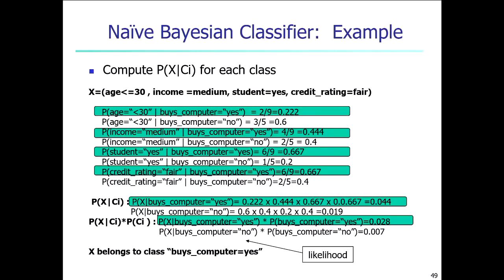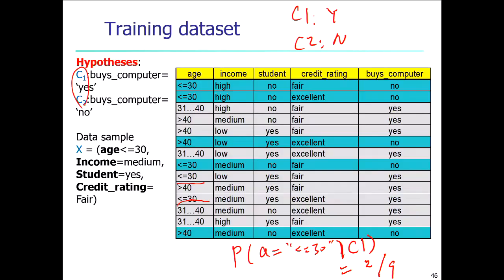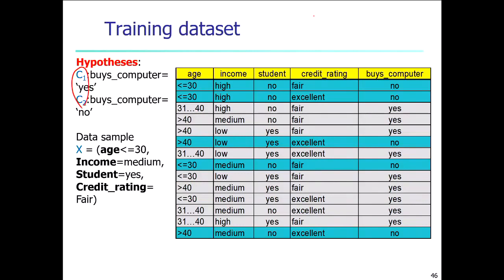It seems that here I need to do the calculation. Remember C1 is yes and C2 is no. So for this data sample X, we first compute age smaller than or equal to 30 given C1.